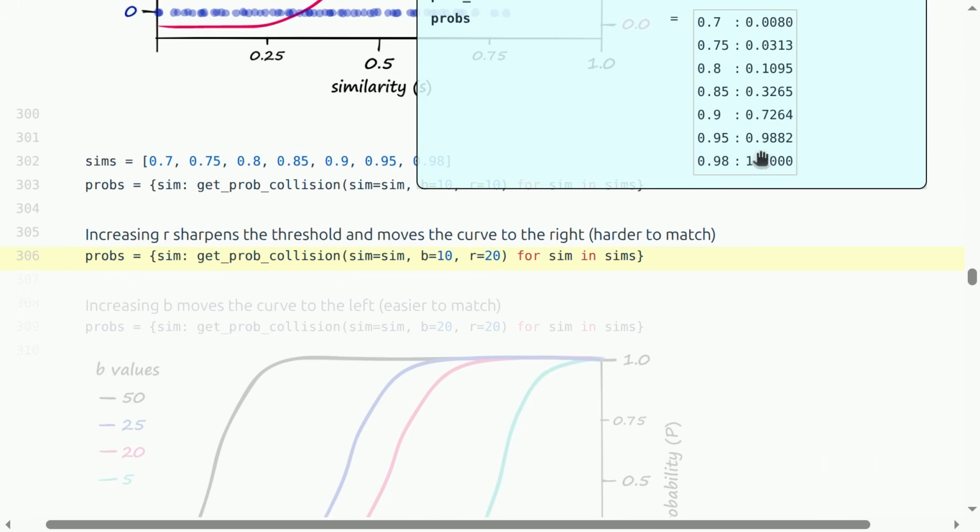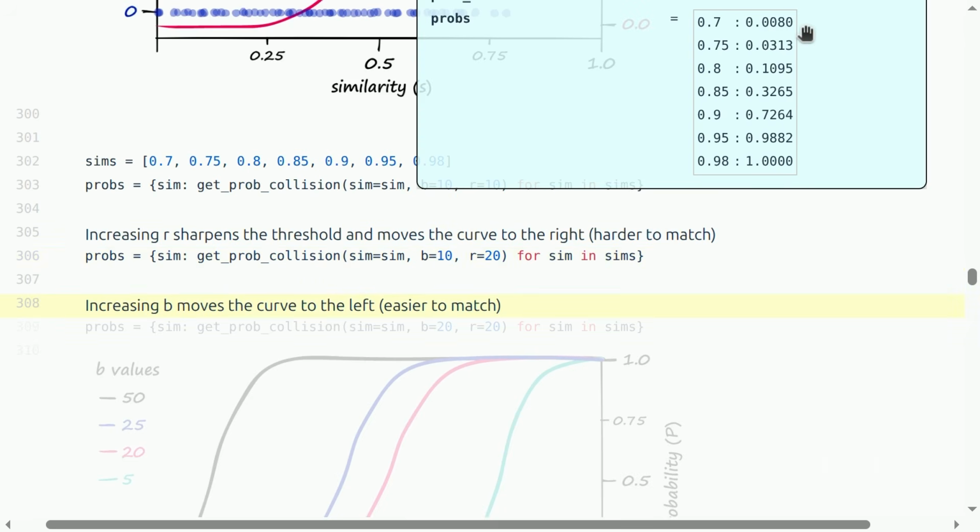So the probabilities you see here are sharper, and now everything moves to the right. Now it's fairly unlikely that if something has low Jaccard, you're going to match it. Before it was like 0.25, and now it's 0.008. Okay, so we're sharpening the probabilities.